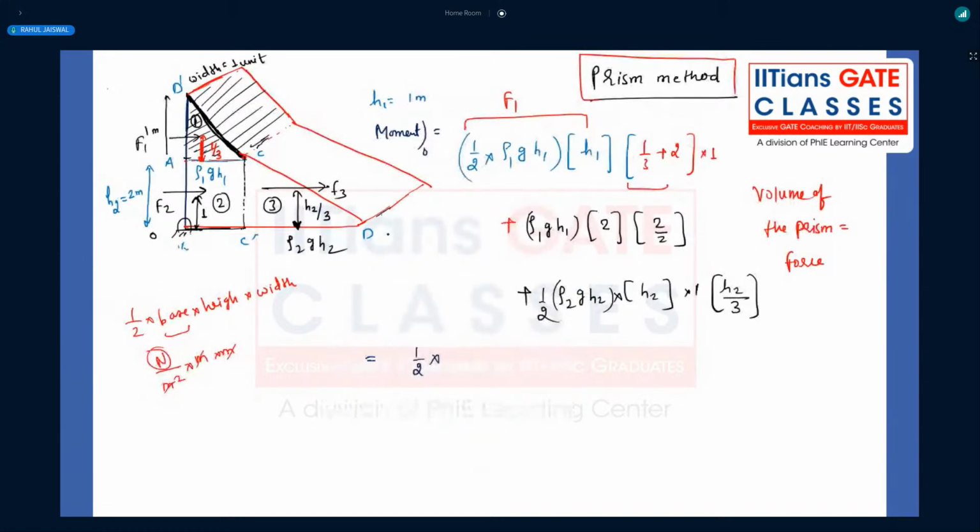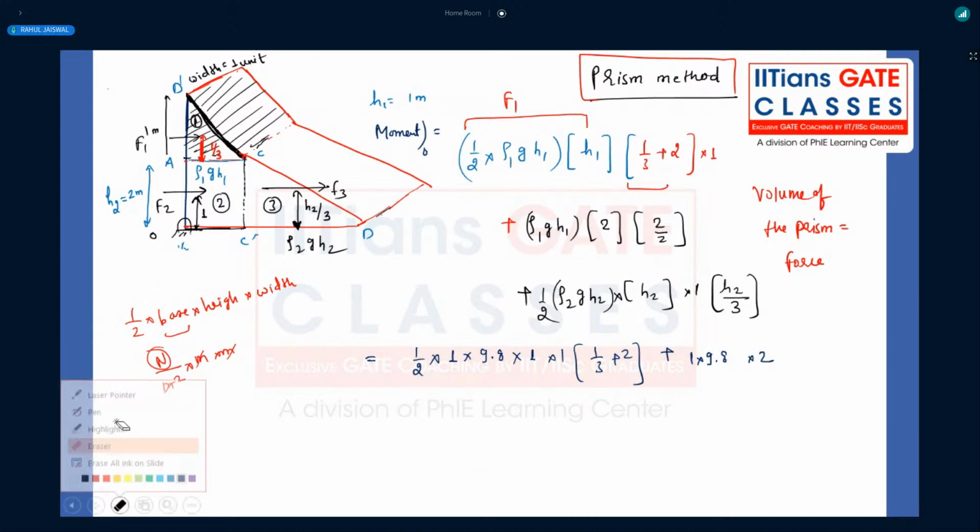So it's better that you just write density as 1, because we are converting Newton to kilonewton, right? 9.8 into height, that is 1, into 1 upon 3 plus 2, plus 1 into 9.8 into 2, not 9.81, 9.8 into 2. This one will be half of rho 2 is what?